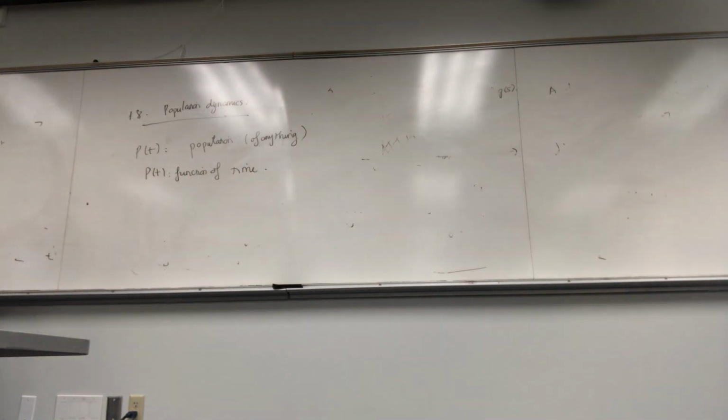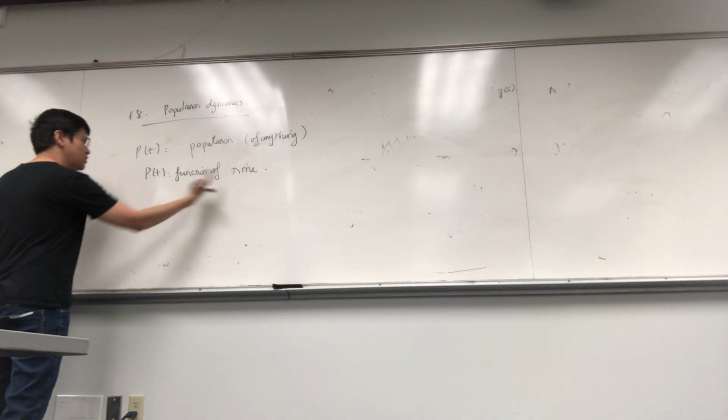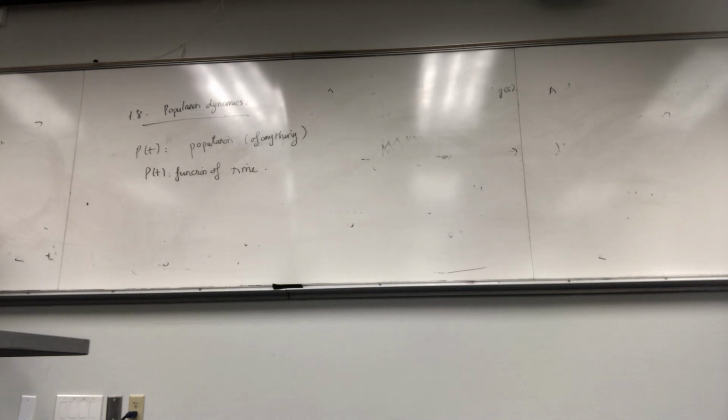All right. So you consider any population, the population of the people in this city, or the population of ants in the park, or the population of birds. When you consider population, this is of course a function of time, right? So you have a function which depends on time.